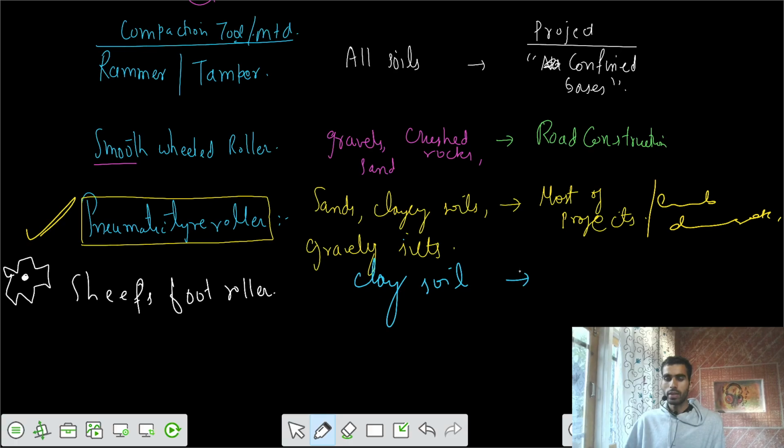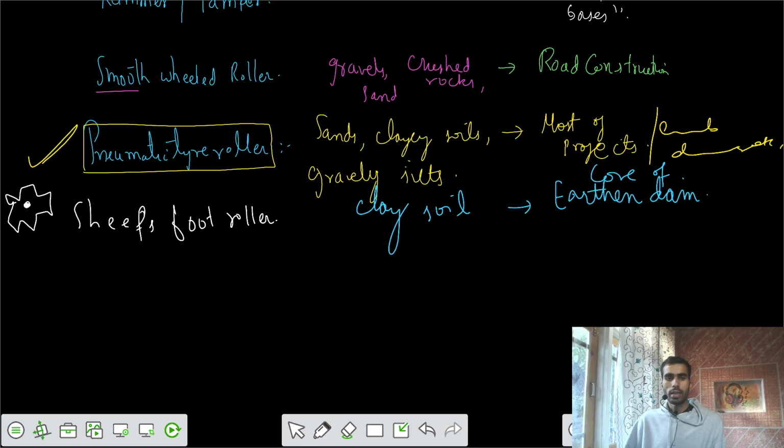Let's say we are having the construction of an earthen dam. For the core of the earthen dam, we can use the sheep's foot roller for the compaction of that clay soil.